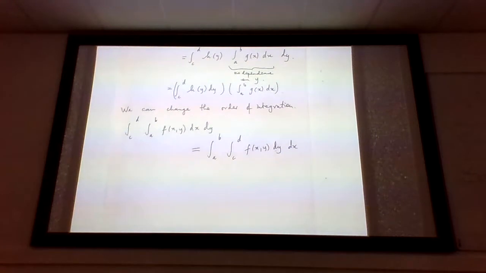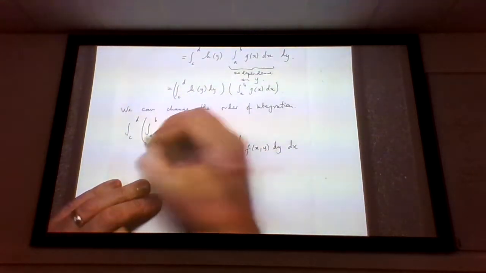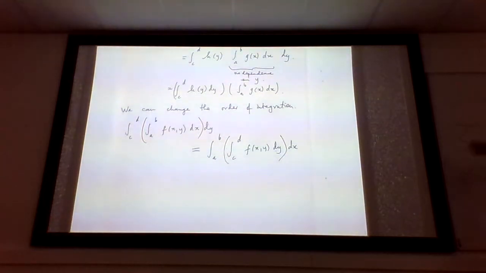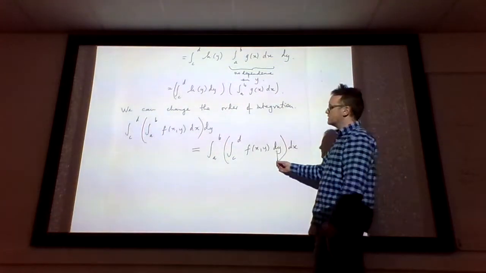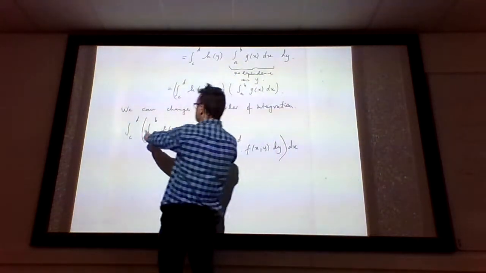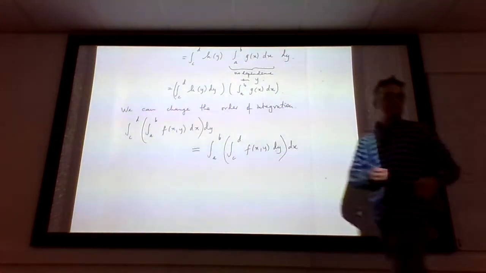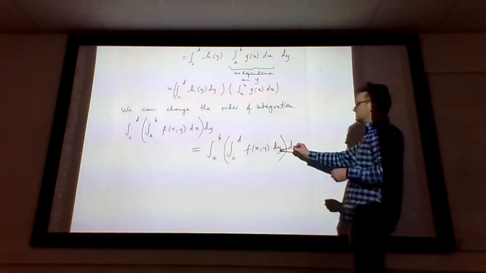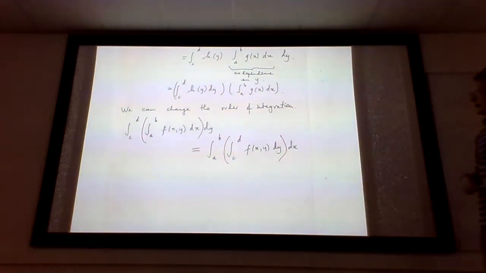On the left-hand side, the inner integral is the x integral, whereas on the right-hand side, the inner integral is the y integral. So we simply swap the order of integration. Now on the right-hand side, the y integral is performed first, and the x integral second.